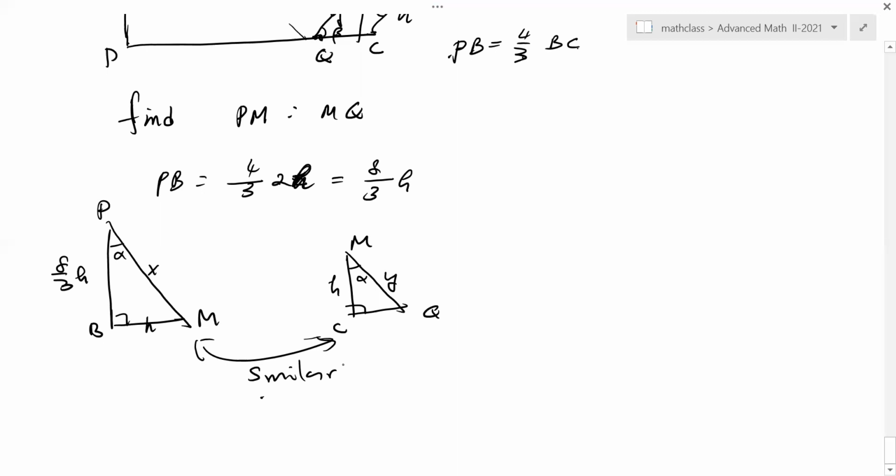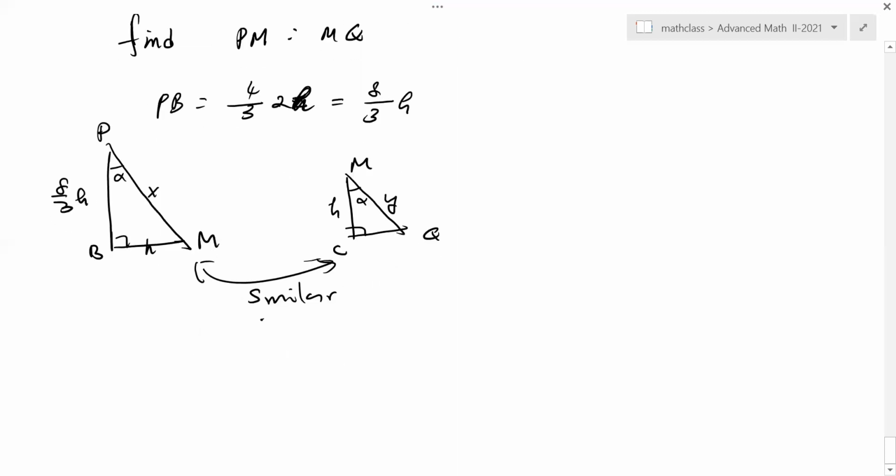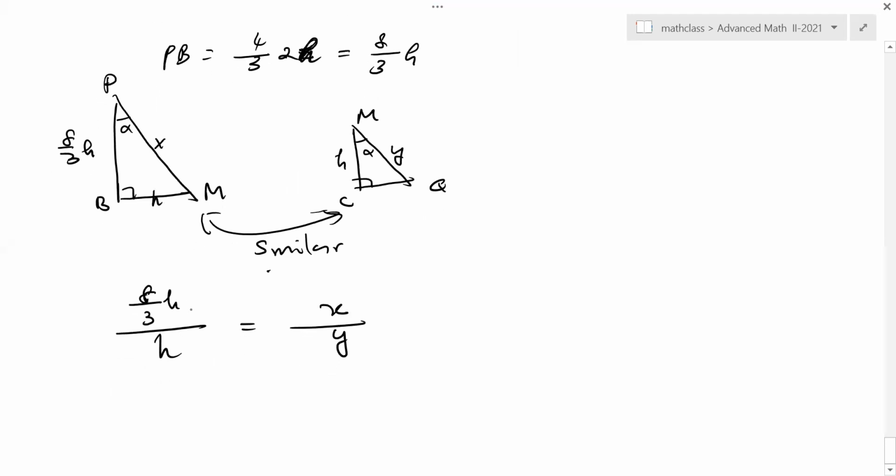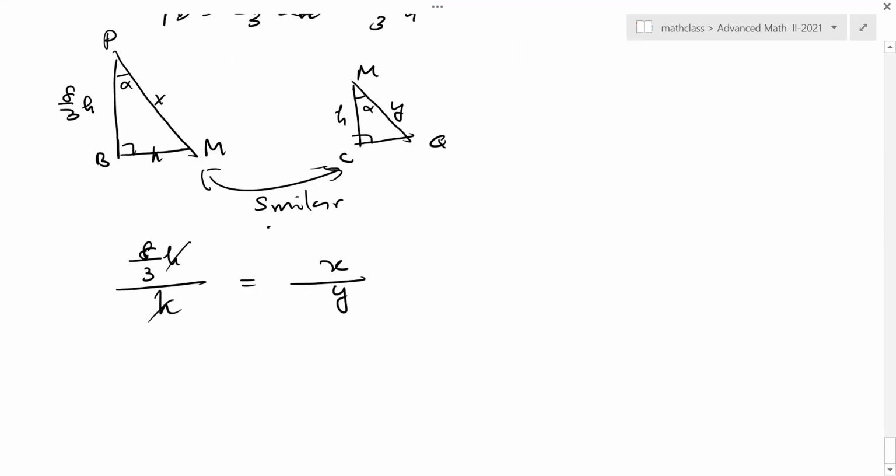So the corresponding ratio, 8 over 3 H divided by H, is going to be X over Y, right? Then H and H cancel out. So the answer is X over Y is going to be 8 over 3.